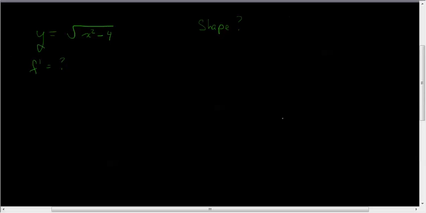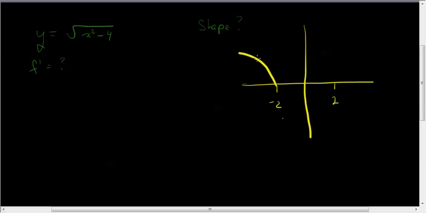There we go. The actual shape of this is only the upper portion. So it looks like this. So here's negative 2 and 2, and so it looks like this. Right? It's not very good. My asymptotes should have a slope of 1 there, but that's okay. All right, so that's what we're looking for.